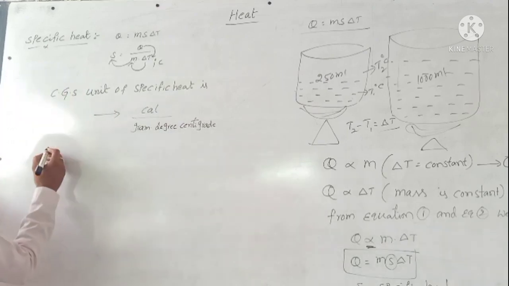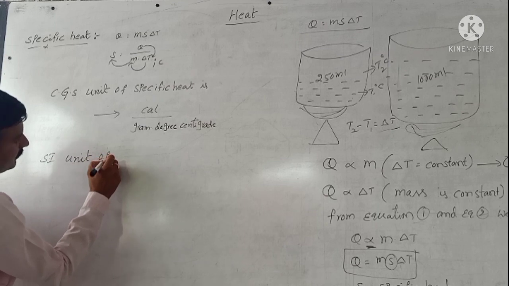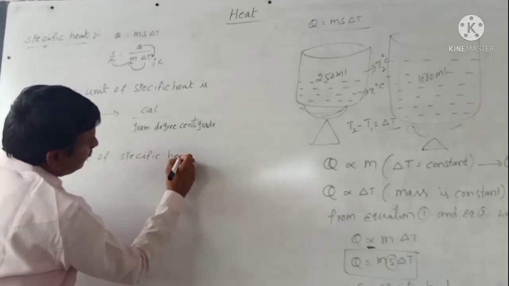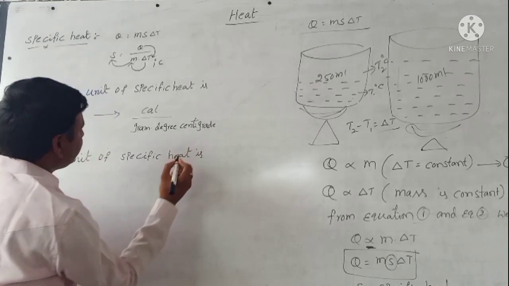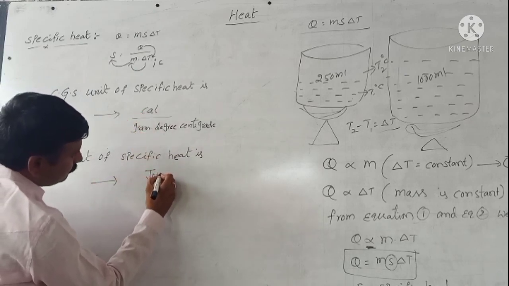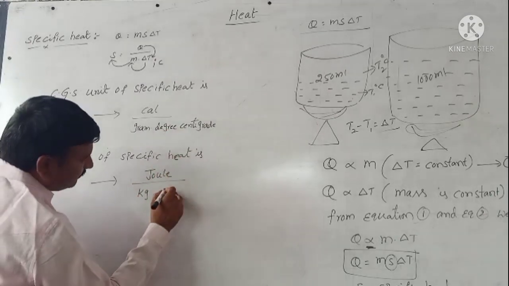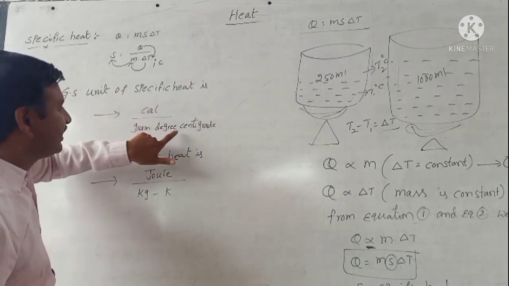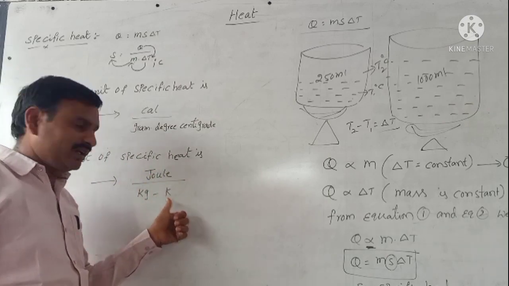Next, the SI unit of specific heat is joule per kilogram Kelvin. So the CGS unit is calorie per gram degree Celsius and the SI unit of specific heat is joule per kilogram Kelvin.